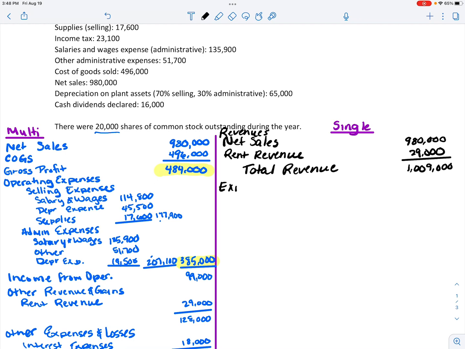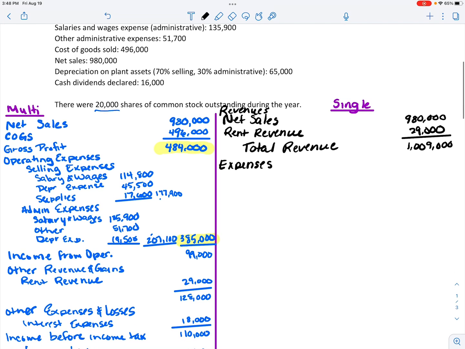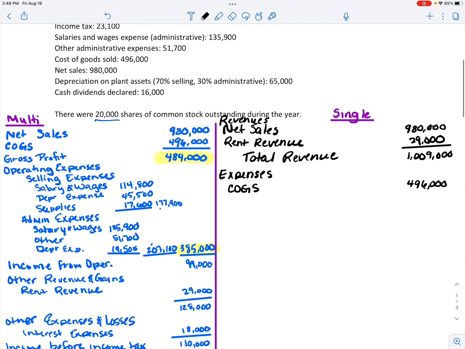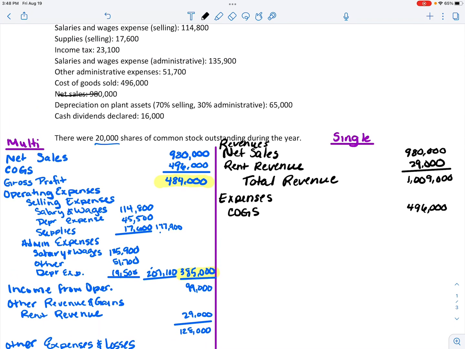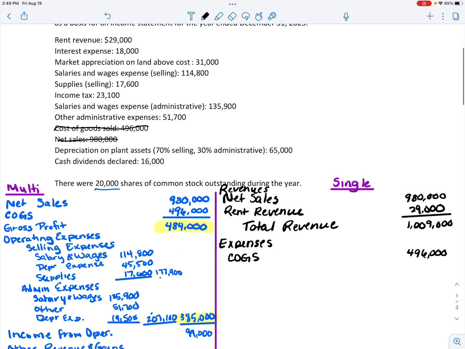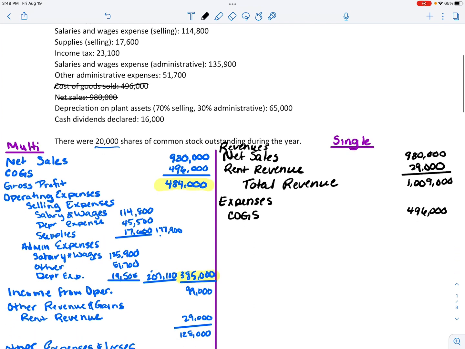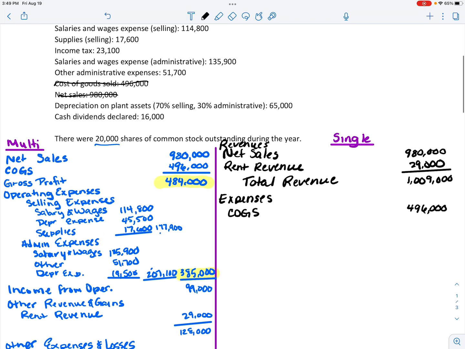The next thing we're going to do is list out our expenses. Here, we'll start with our cost of goods sold, which is the same, $496. And I didn't cross out the stuff I've used. Otherwise it's going to make it harder when I'm trying to find everything I need to put in here.